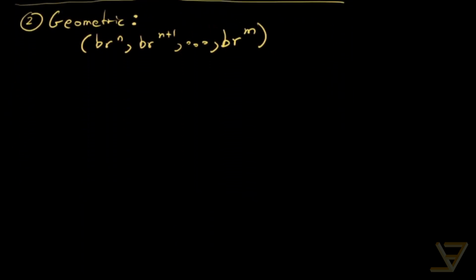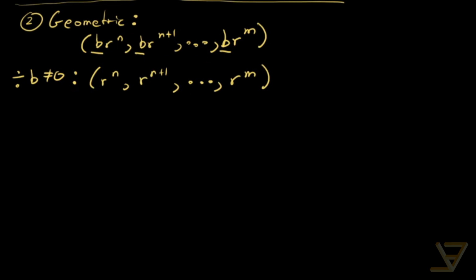First, we're going to divide all the terms by b, which is non-zero. And notice that b has to be non-zero, otherwise all the terms would be 0, and that would make the terms non-distinct. So it has to be non-zero. We get r to the n plus 1, all the way through to r to the m.